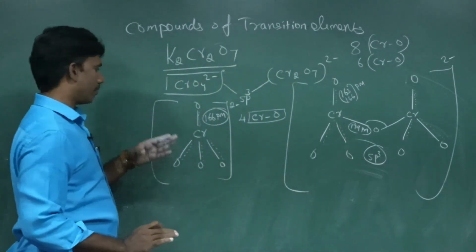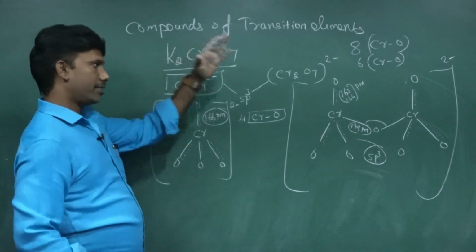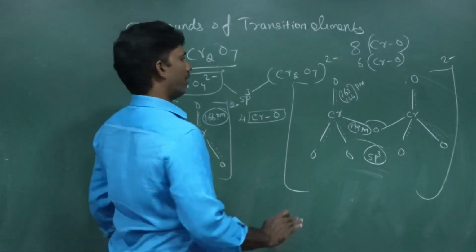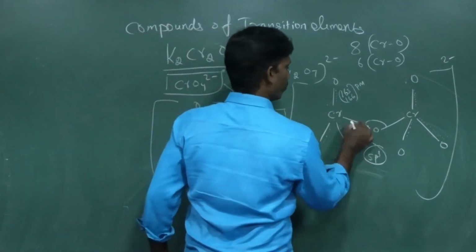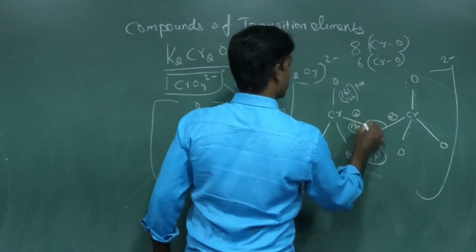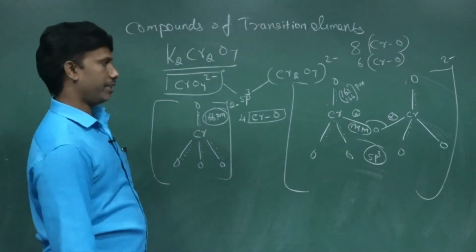Here in chromate ion, all are equivalent. But it is not so in the case of dichromate ion. Here only 6 are equivalent. These two are not equivalent; the bond length is 179 picometer.